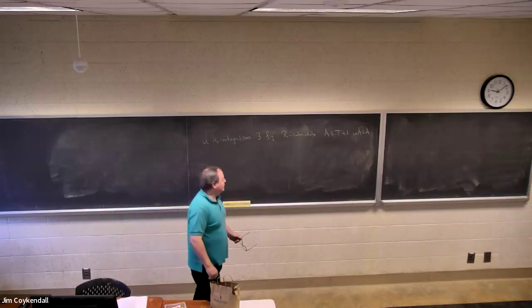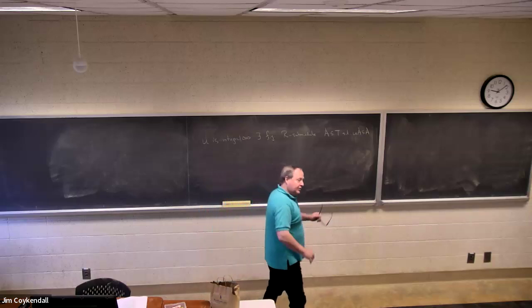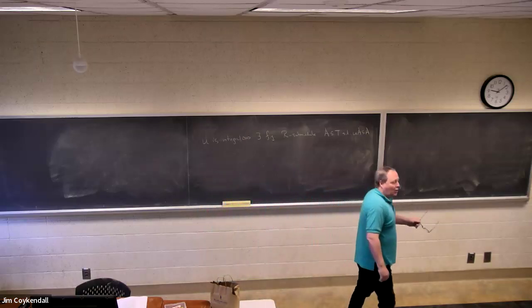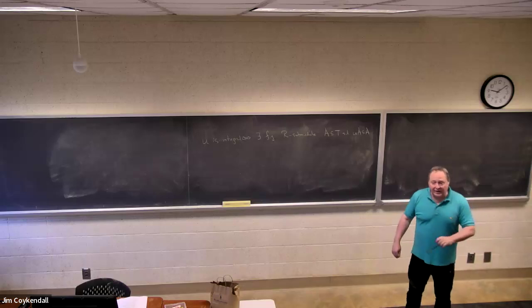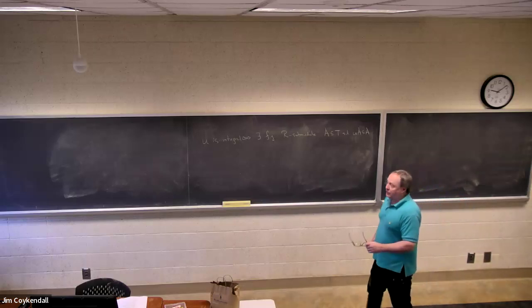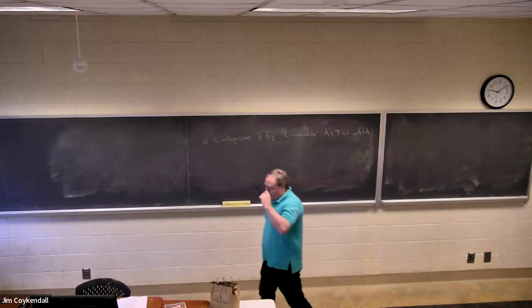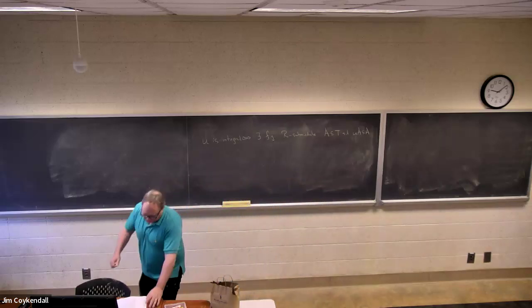So actually, integral elements form a ring. If you have a ring extension T containing R, then the elements of T that are integral over R form an intermediate ring called the integral closure of R in T.